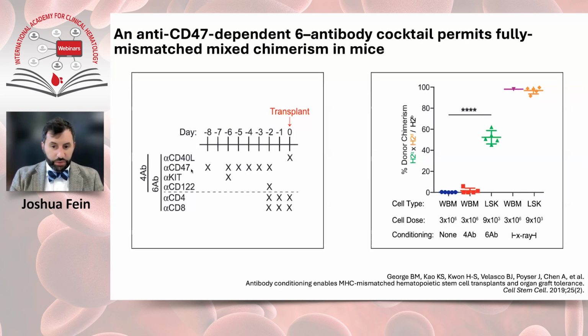And they quickly saw that they were getting graft rejection with 4 antibodies. So they added anti-CD4 and anti-CD8 to increase the amount of T cell depletion that was being given.